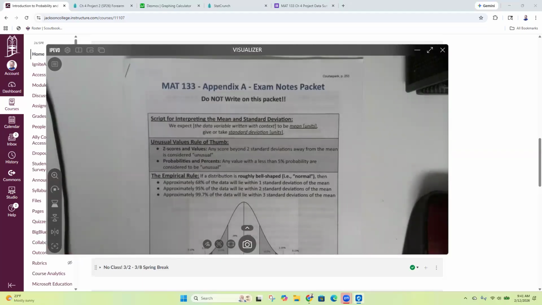And that's it. Okay. So when you go to the testing center, they'll have you lock up your phone. And I've already told them what websites you're allowed to be on. So you're allowed to be on StatCrunch and Decimals.com. You're allowed to be on Canvas, of course.